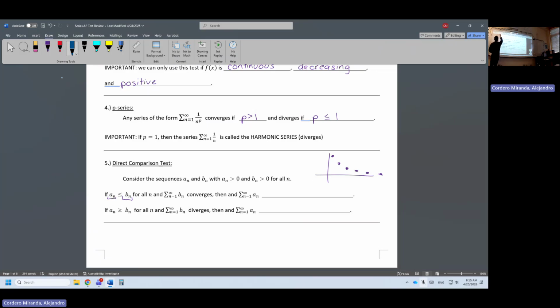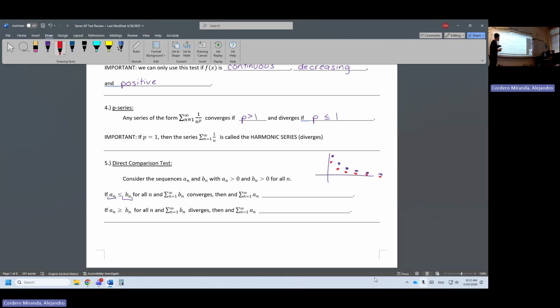Say those are the terms of a series, and you got a purple series and a red series. The thing that the direct comparison test said basically is that if you were given this red series and you know that this bigger purple series converges, then there's no way that the red one could diverge because it's smaller than a convergent one.